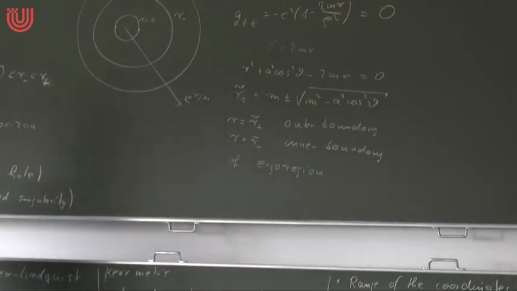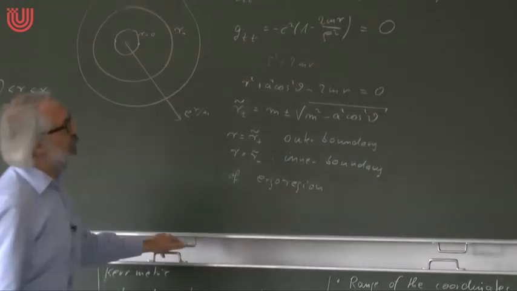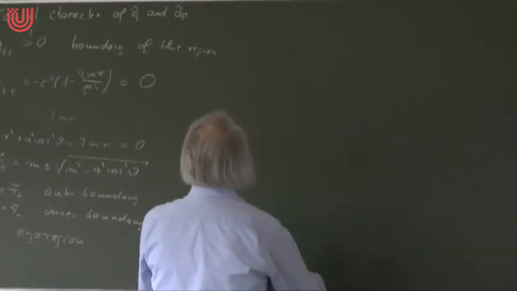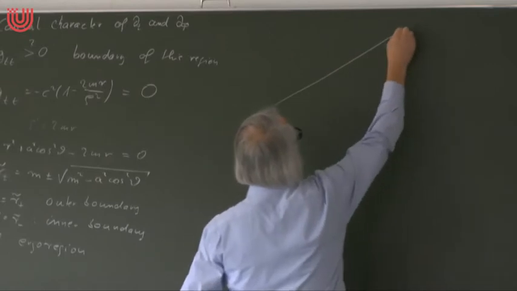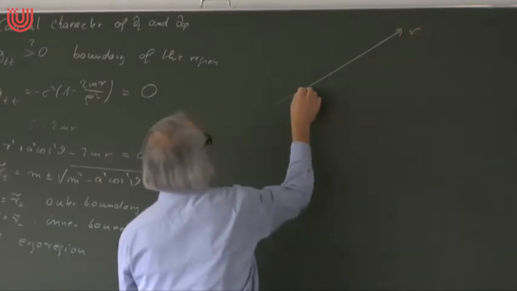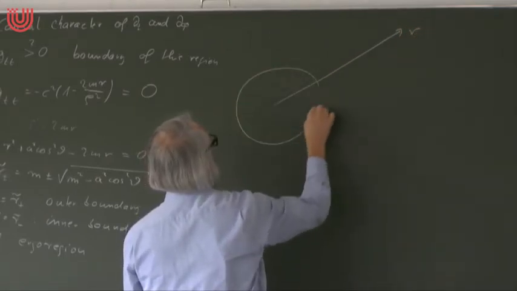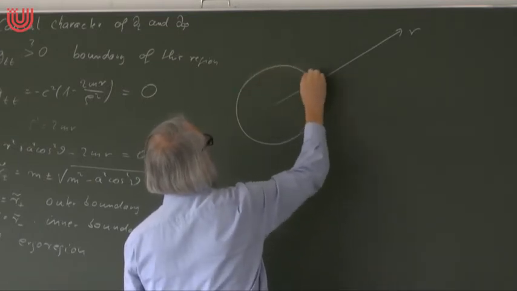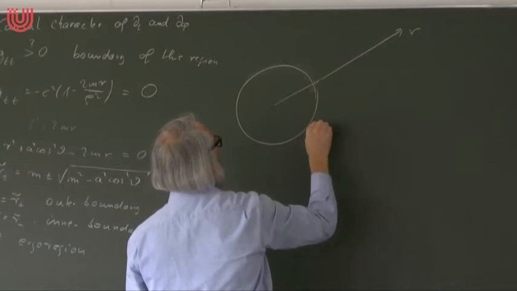And we can try to plot this. If we do it in the standard plotting, where we use the r coordinate, then I have here my horizon r plus. Oops, this is supposed to be a sphere. So this is r plus.